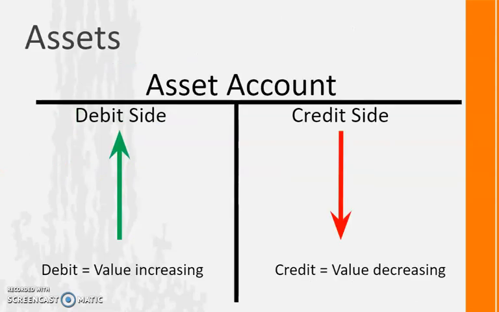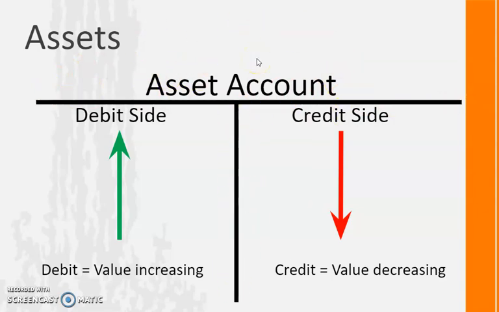If you understand the normal balances thing, then you can also start to understand whenever you receive a transaction on one side or the other, how the value of that overall account is changing. So for instance, let's say we have an asset account. Here's our T account, and this is an asset account.